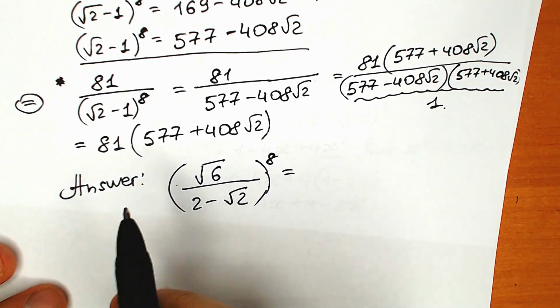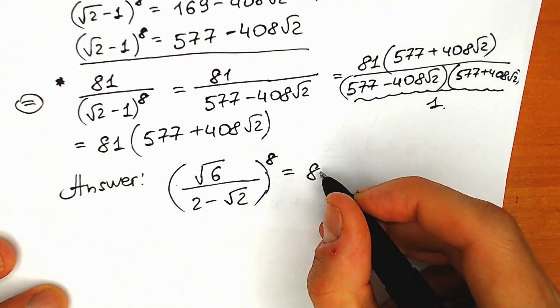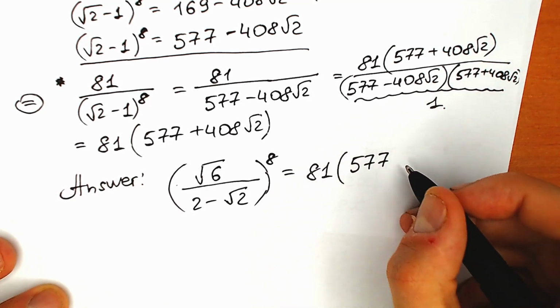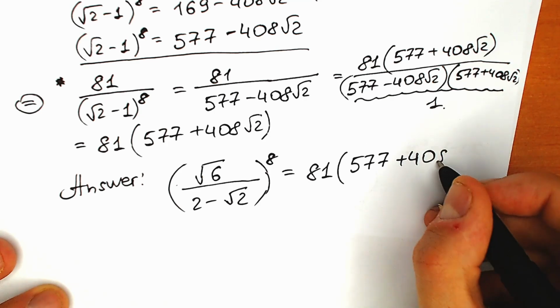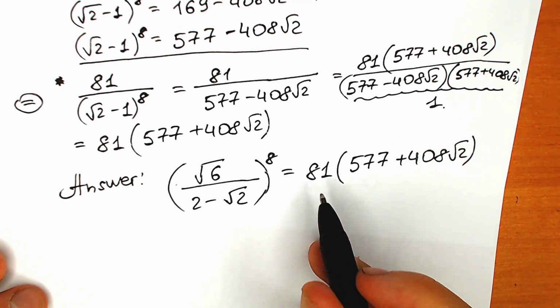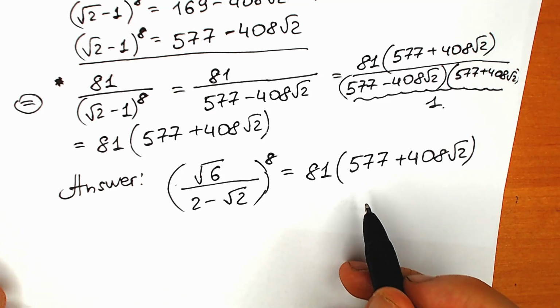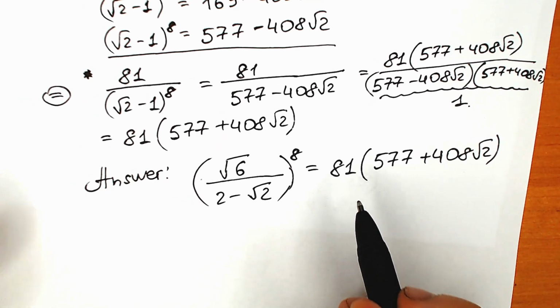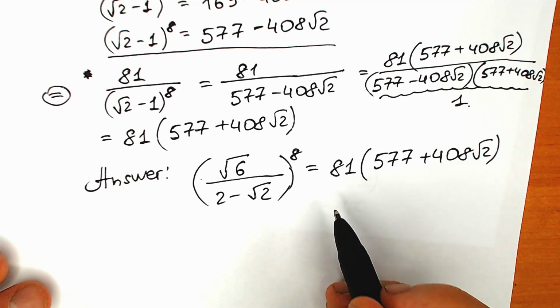When we raise this, we will have 81 times parentheses 577 plus 408 square root of 2. You can easily multiply this 81 by these parentheses if you want, but it will be a huge and complicated expression. So I hope you understand my explanation, which is extremely great.